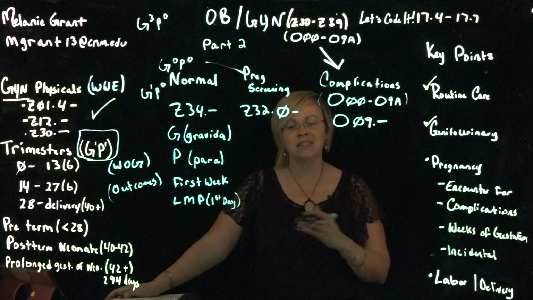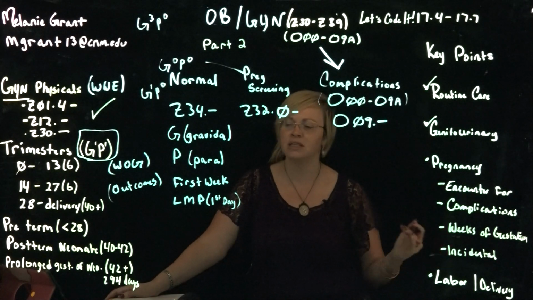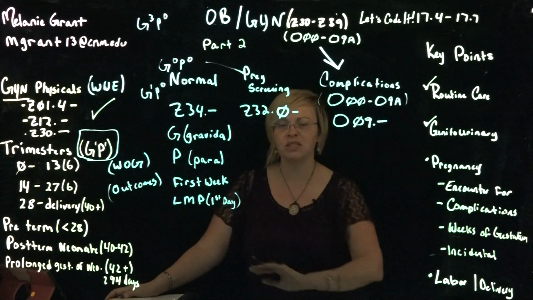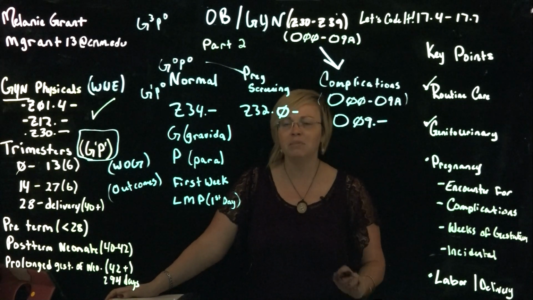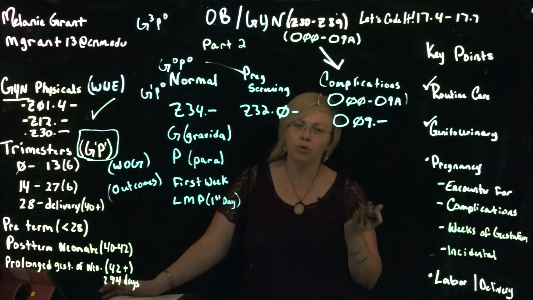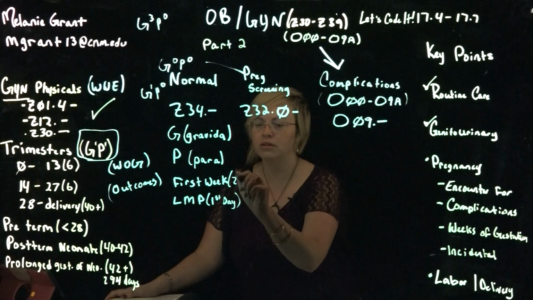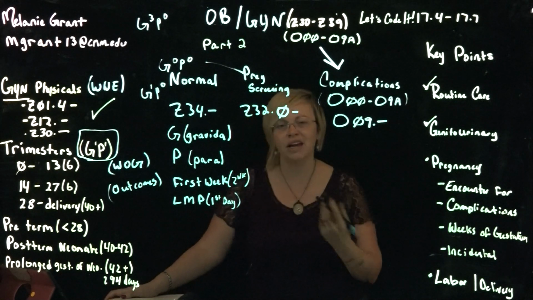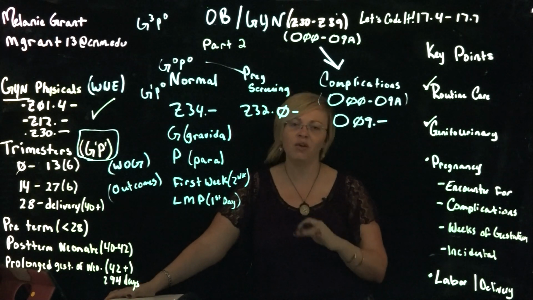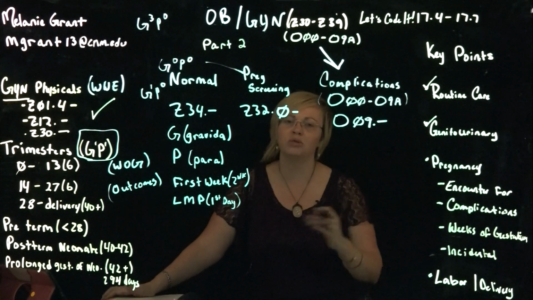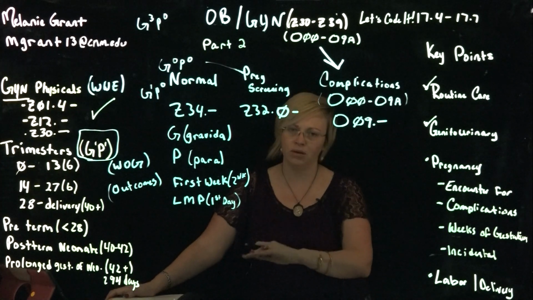And so to make it consistent for tracking purposes, we always go based off of the first day of her last menstrual period, meaning that there's a 2-week add-on where she wasn't technically pregnant, but we count it as pregnancy weeks because we count it from her last period.